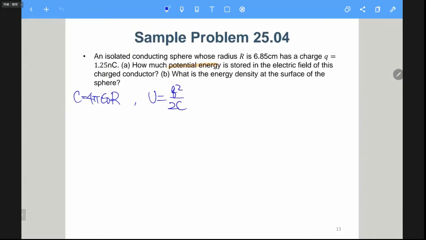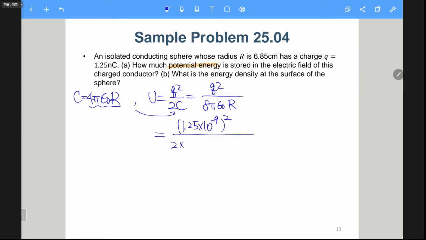So we can just substitute Q squared over this expression to here, so we have Q squared over 8 pi epsilon naught R. Substituting the values, Q is 1.25 times 10 to the minus 9 power, squared, over 2 times 1 over 4 pi epsilon naught, which is 8.99 times 10 to the 9th power.